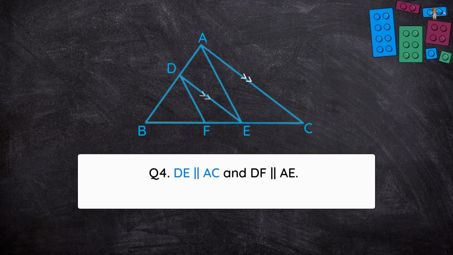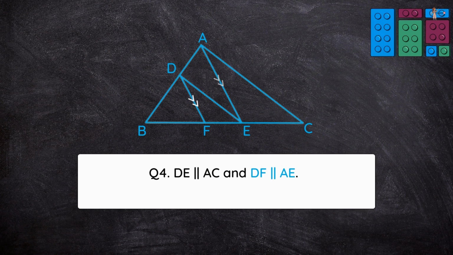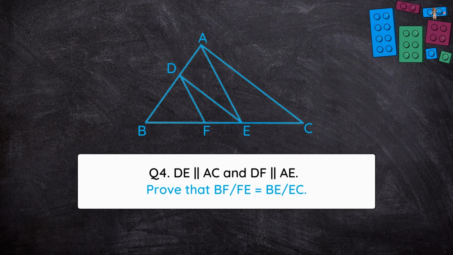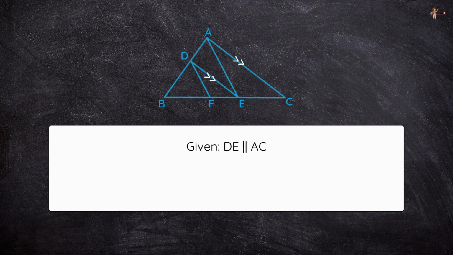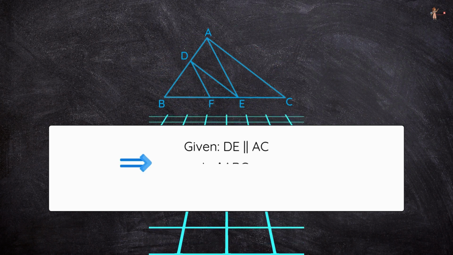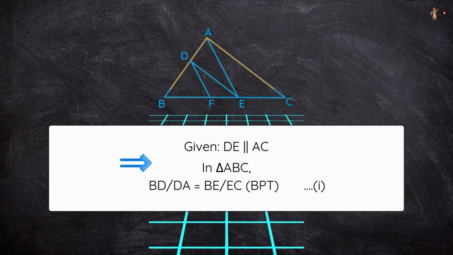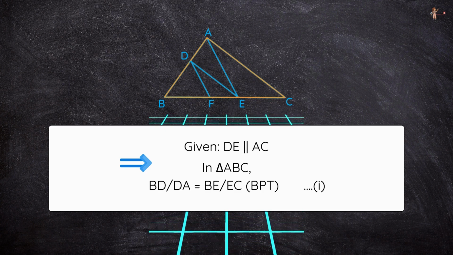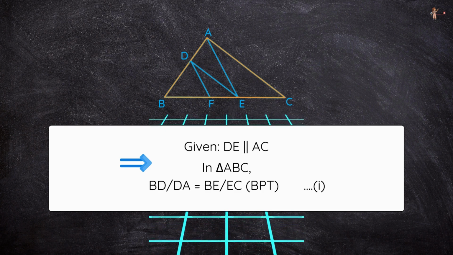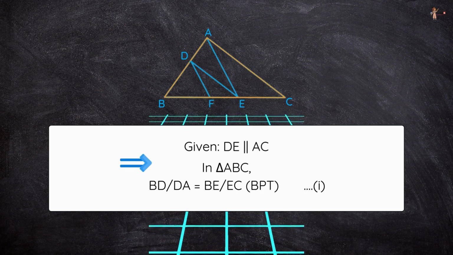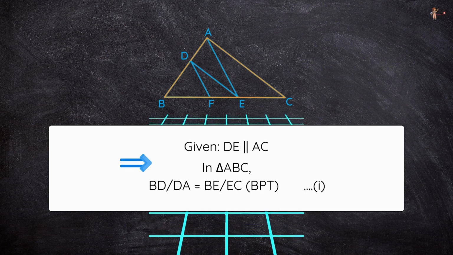Question 4. DE is parallel to AC and DF is parallel to AE. Prove that BF upon FE is equal to BE upon EC. In triangle ABC, since DE is parallel to AC, by using basic proportionality theorem, we get BD upon DA is equal to BE upon EC.